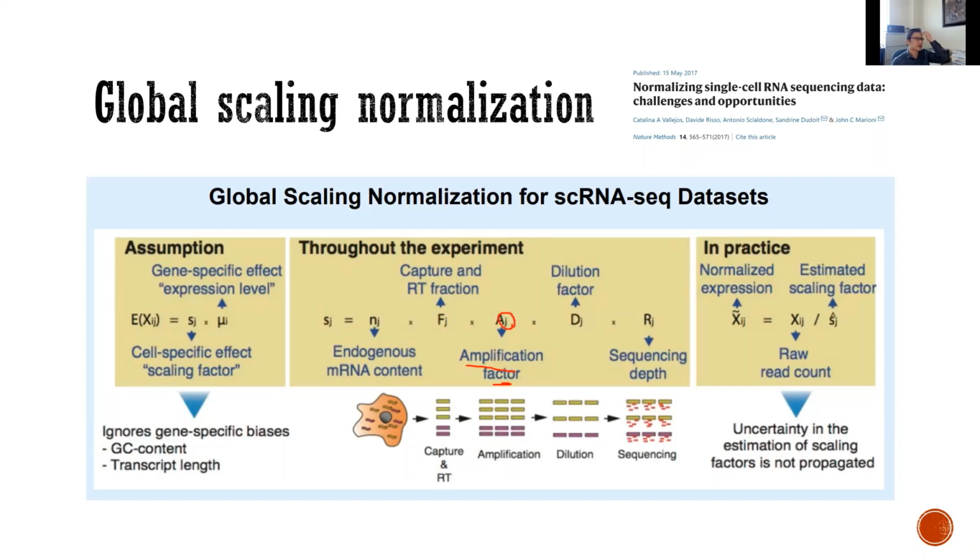You have a capture or reverse transcription fraction, another parameter, dilution, sequencing depth. So all these factors can be modeled using generative models. And then the whole purpose is to estimate a scaling factor for each individual cell, one by one, to correct the uncertainty among these.